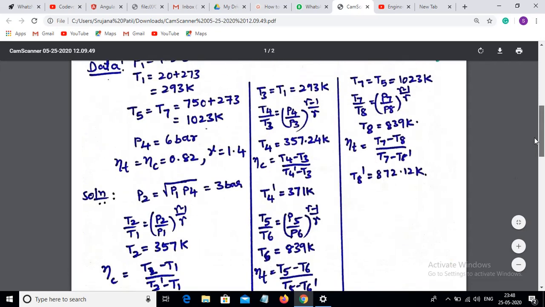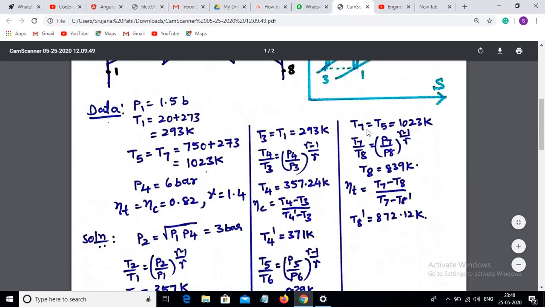Now the second turbine, T7, we know that it is equal to T5, that is 1023 Kelvin. So T7 divided by T8 is equal to (P7 by P8) to the power of (gamma minus 1) divided by gamma. This value T8 we have obtained is 839 Kelvin. By putting in the turbine efficiency formula again, we obtain T8 dash, that is equal to 872.12 Kelvin.